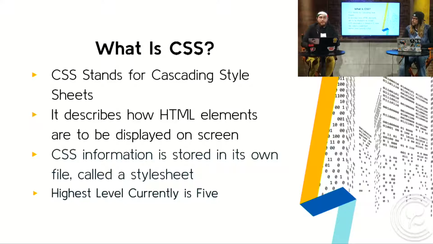An interesting thing about CSS is that the highest level its modules have reached is level 5. That's different from other kinds of software, which use versions. CSS uses levels, and there are different modules inside of CSS that each have a different level.